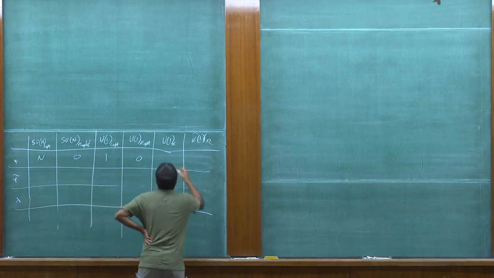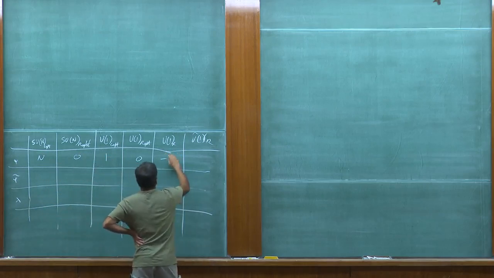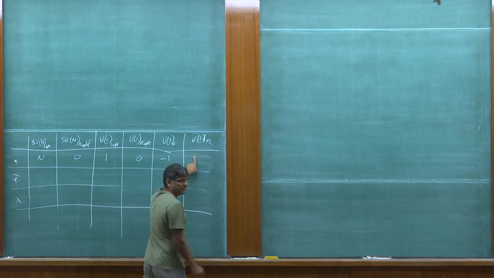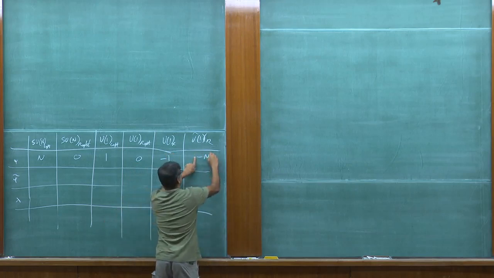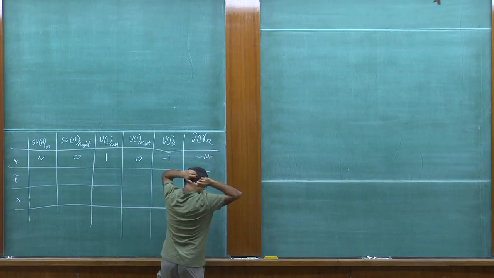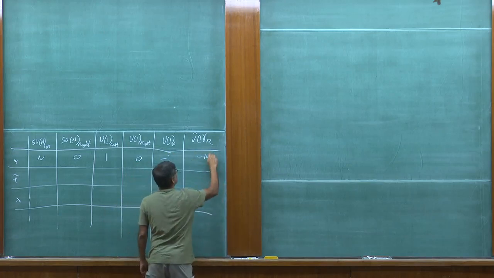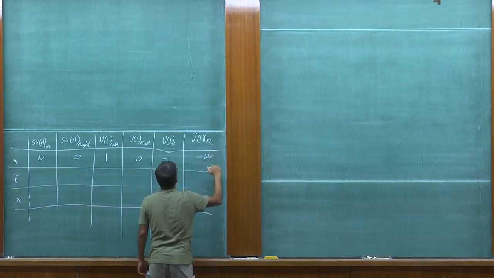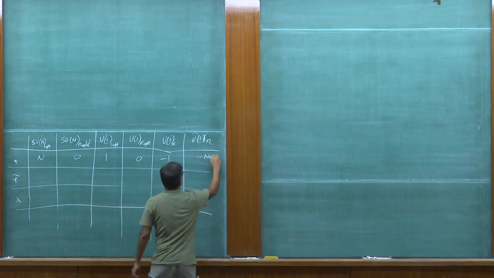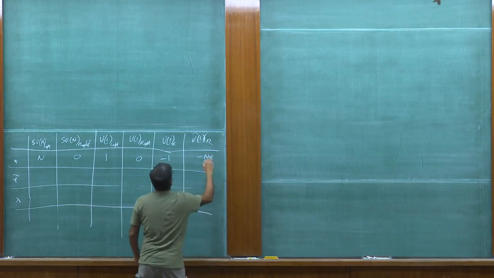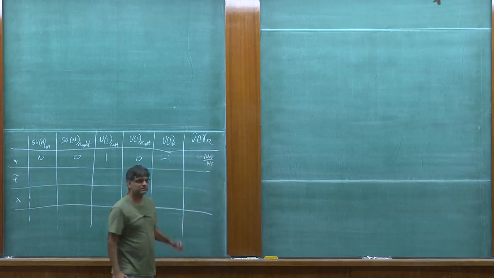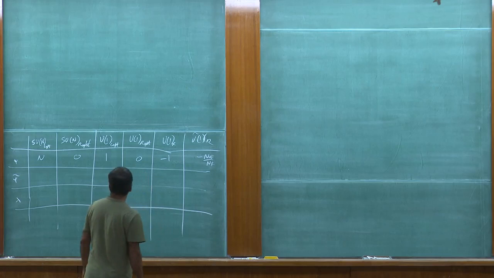U1R was -1, and here please help me, what is it? Minus NF, how is NC by NF? R prime.